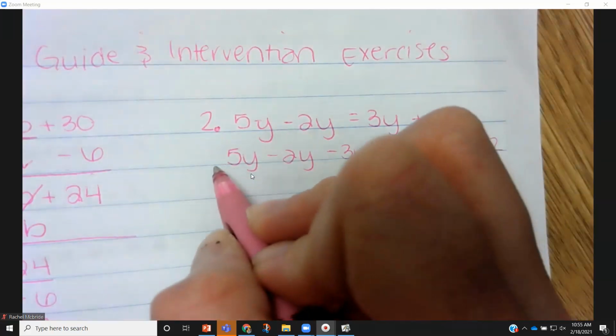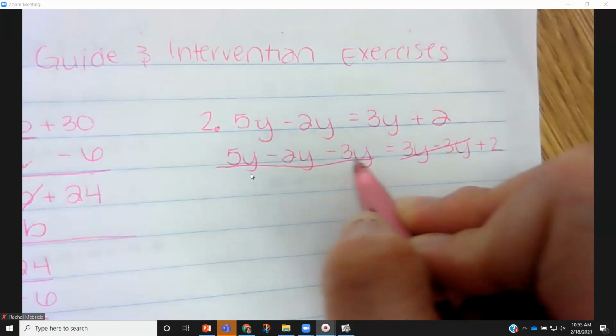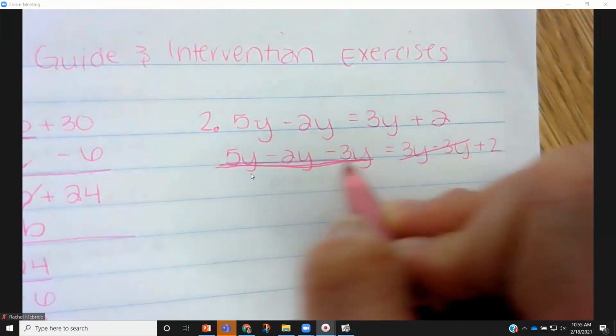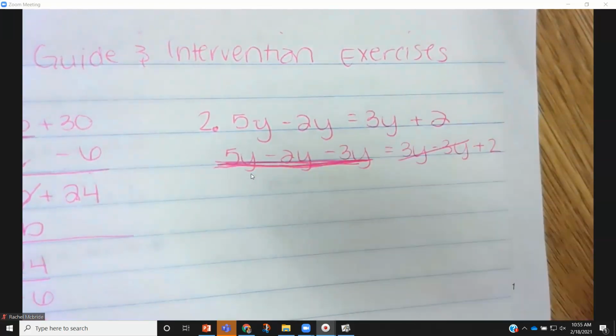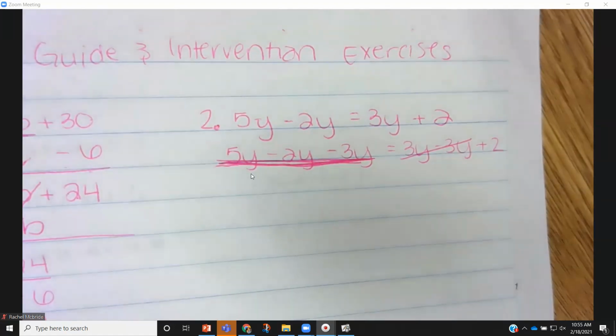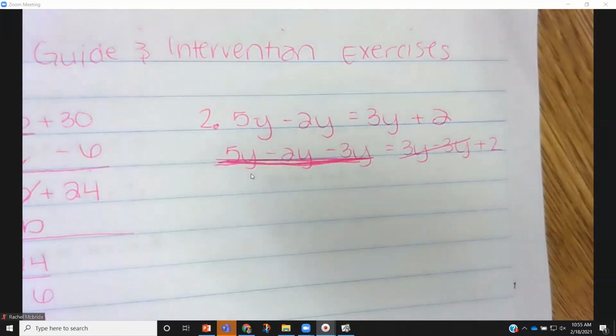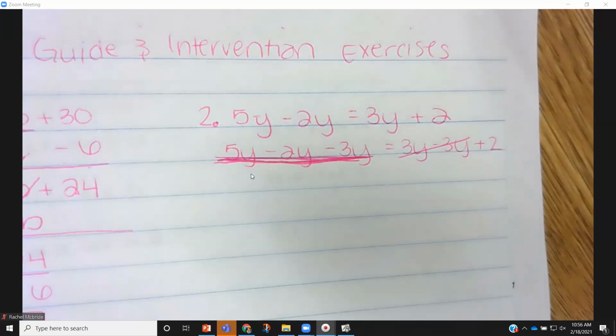What's it called when I have all the same variables on one side, but they're not together yet? What do I do to these 3 terms? There's a process. What do you think, Dominique? Yeah, I'm going to combine them. When I combine the 5y, 2y and 3y together, that's called combining like terms.